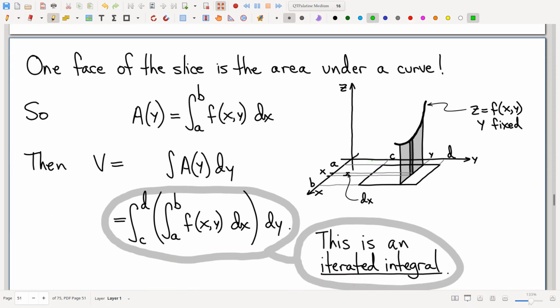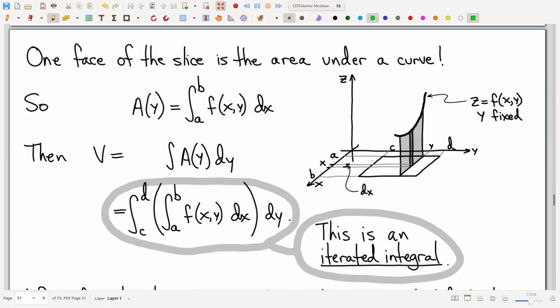And then check this out. Each one of those volumes is going to be a cross-sectional area times thickness. And that cross-sectional area, wait a second, that's an area under a curve. In fact, it's an area under what we call a partial graph.